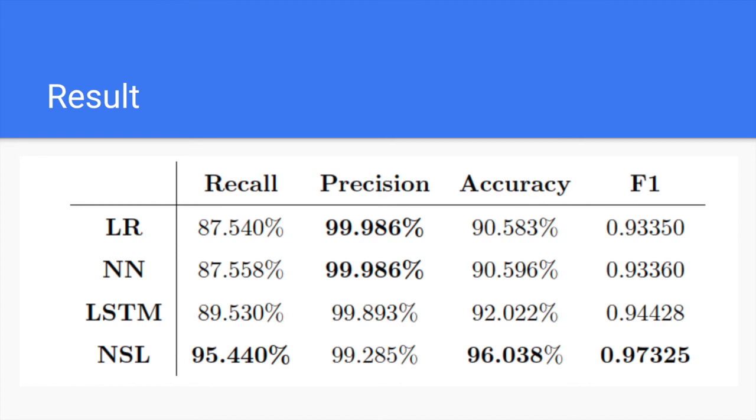We think it's possibly caused by the information loss when calculating the aggregated data. In addition, the NSL model has a better F1 score than the LSTM model, probably because of the introduction of graph structure during the training stage.